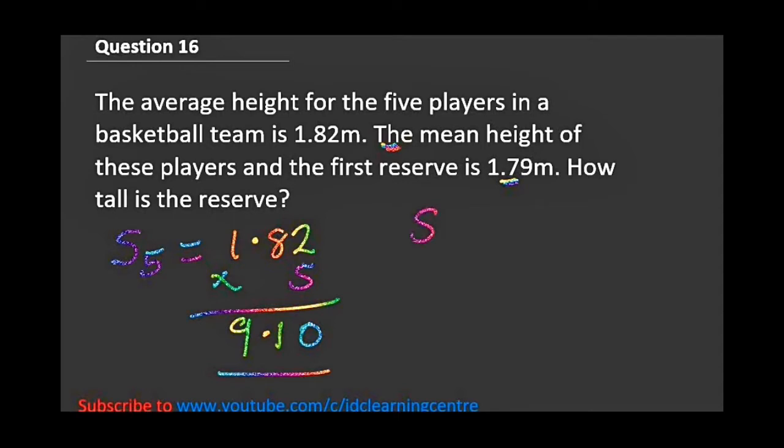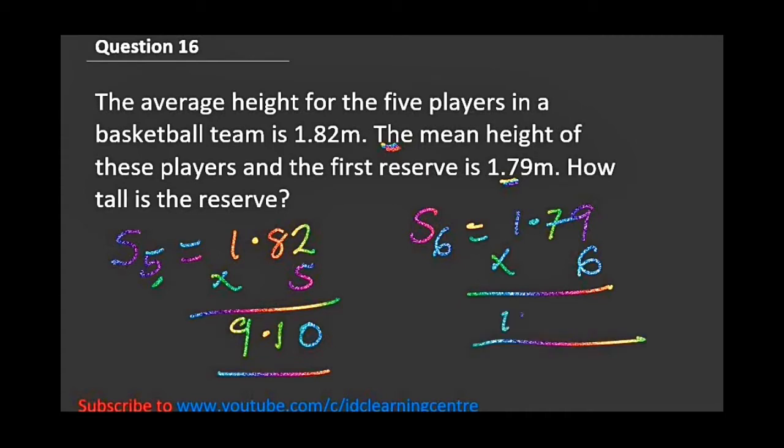So we do the sum of 6. That's the sum of 5 plus the first reserve that joined them. The sum of 6 will now be 1.79. Since the first reserve joined them, we now multiply this new average by 6. This will give me 10.74. The question says, how tall is the reserve? This was their total height before the reserve joined them.